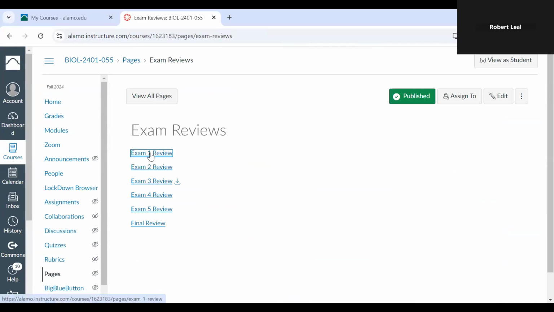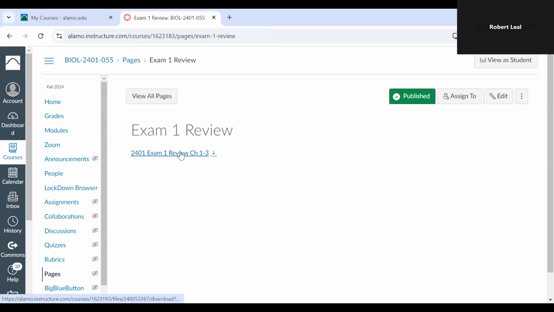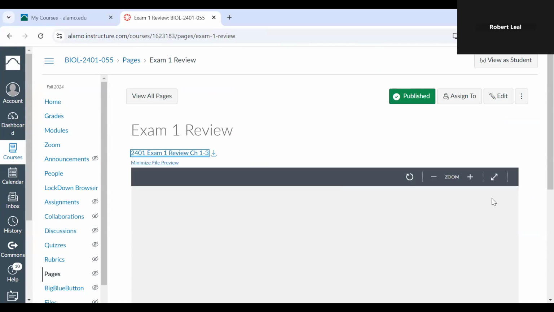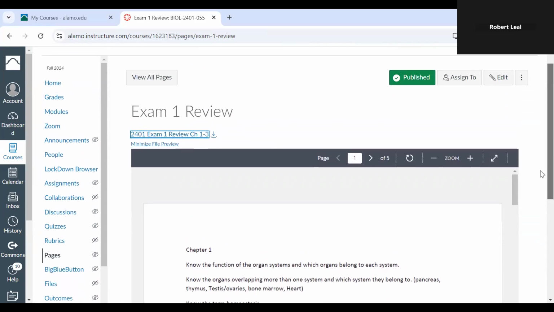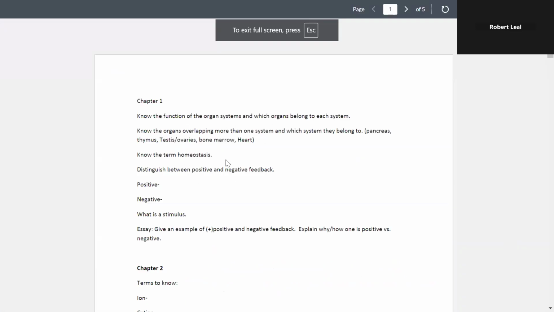So you got exam 1 review. Now I don't collect this. Basically, it just tells you what you will be asked for your exam. So you should be able to know these questions or answers to these questions to do well on your exam. So for chapter 1, know the different organ systems, what organs belong to each system, what were the functions of the organ systems?